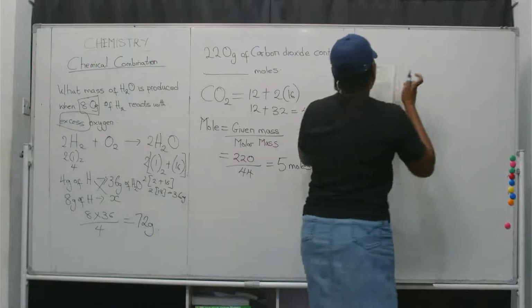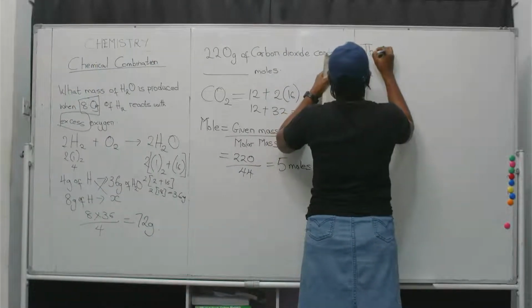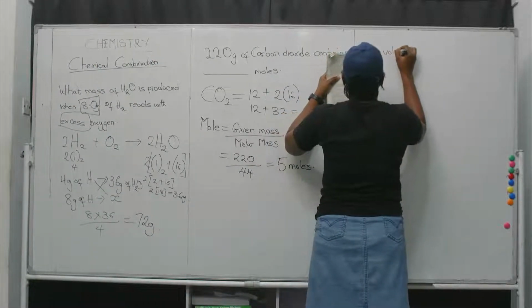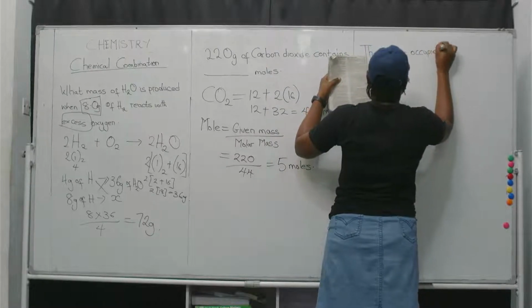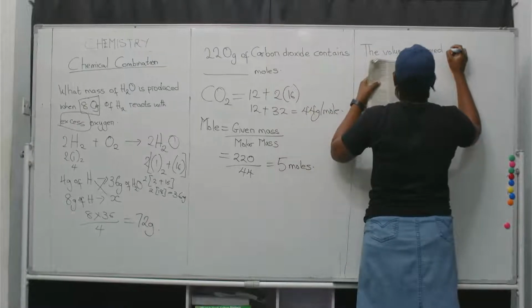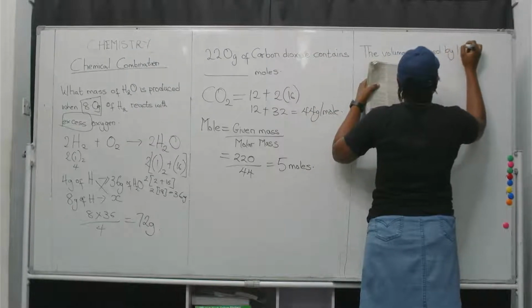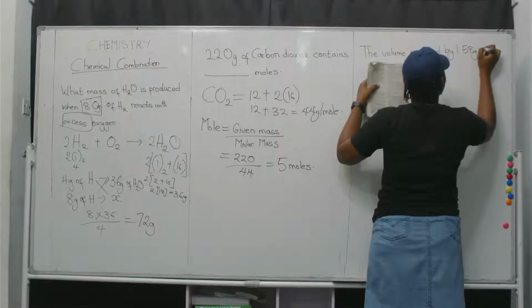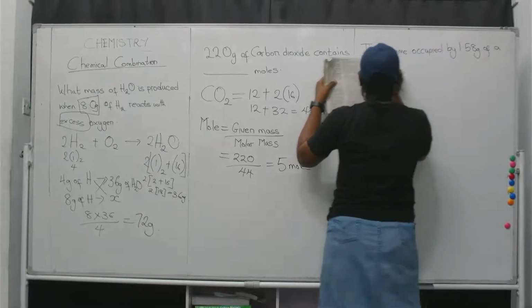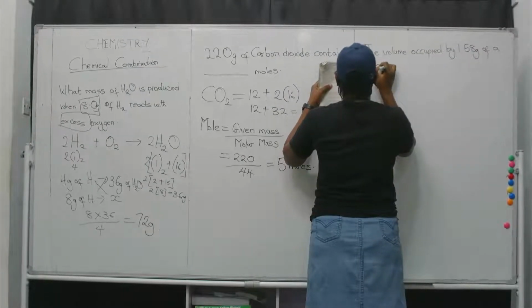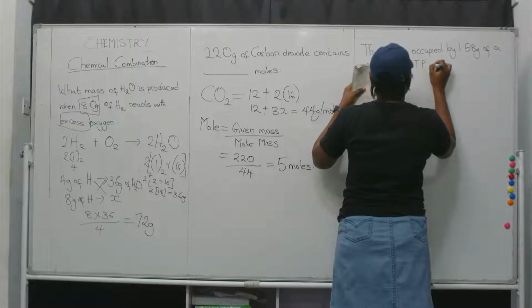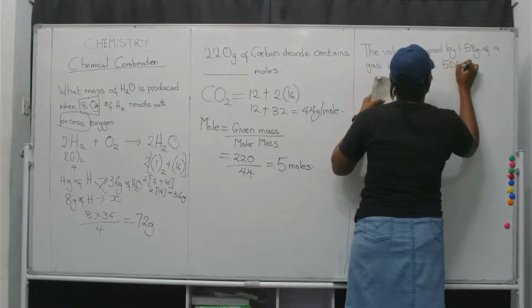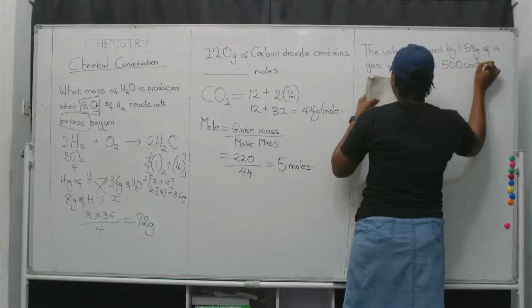So the question is: the volume occupied by 1.58 gram of a gas at STP is 500 cm cube.